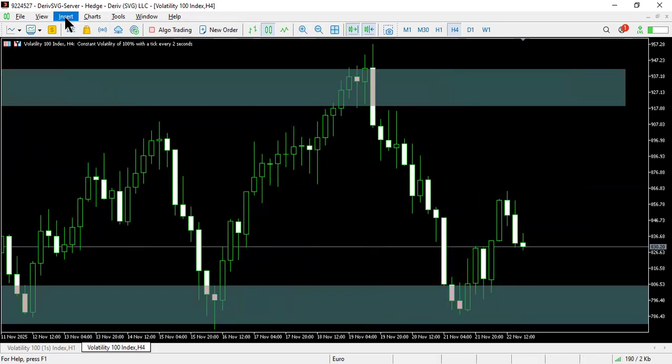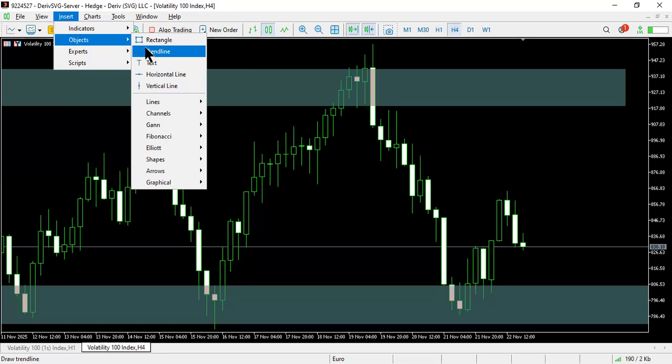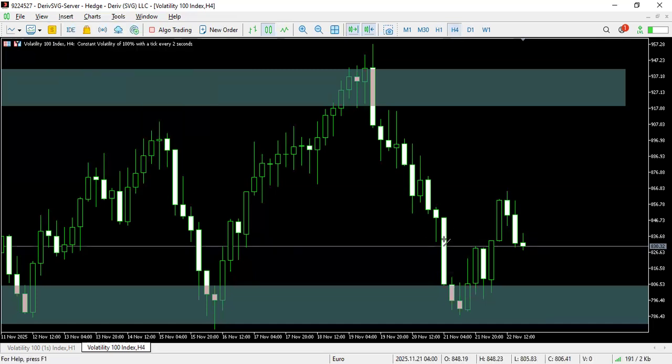So from the 4 hours, I am seeing a break of structure here. Price is moving from this support.